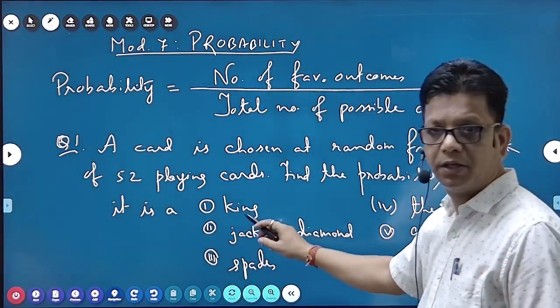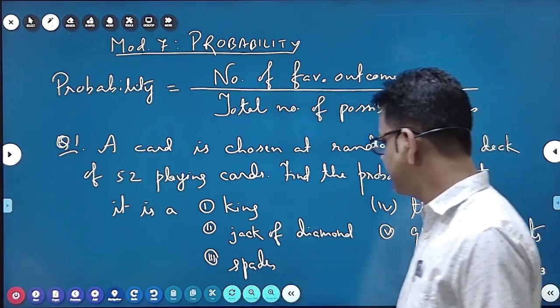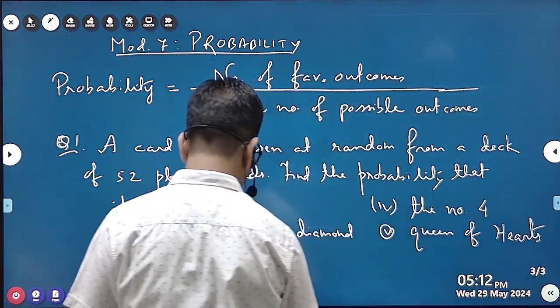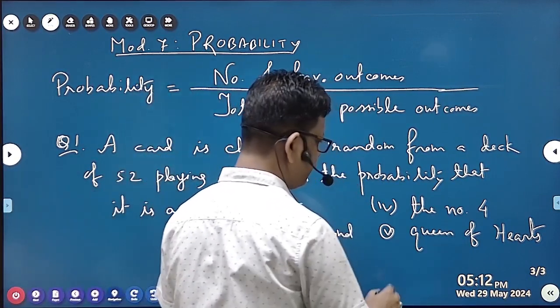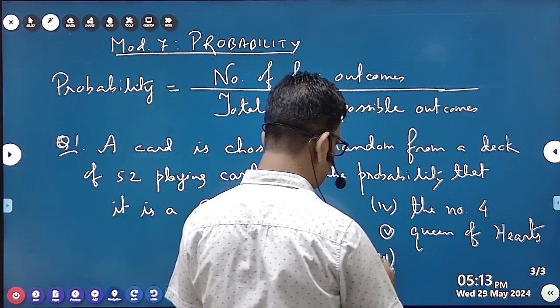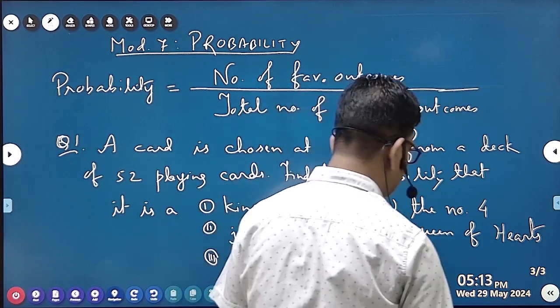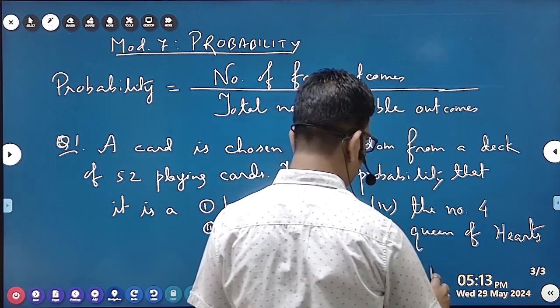Spades, S-P-A-D-E-S, spades. Queen of hearts, and the last one, a black card.